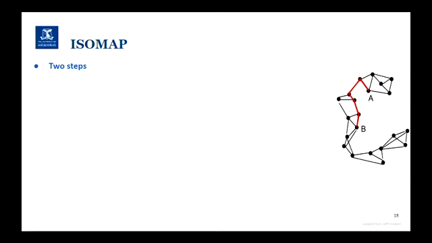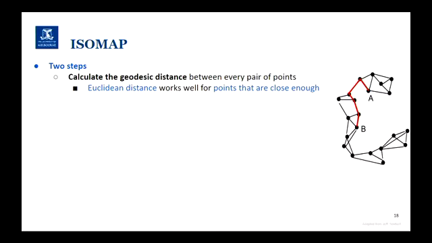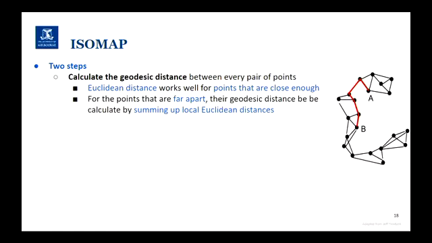There are basically 2 steps to ISOMAP. The first one is calculating the geodesic distance between every pair of points in our graph. Euclidean distances usually work well if the points are close enough. For instance, these 2 points are connected, so we can consider the distance between them as the actual Euclidean distance.